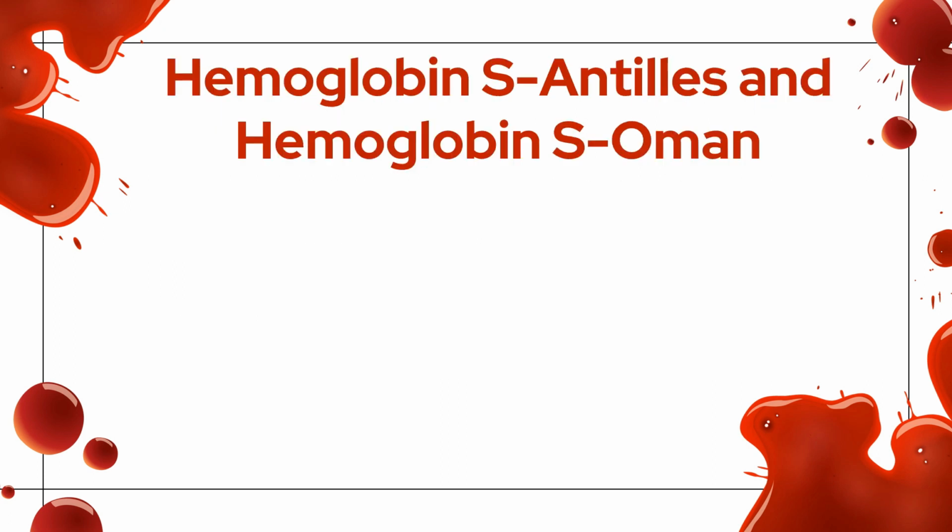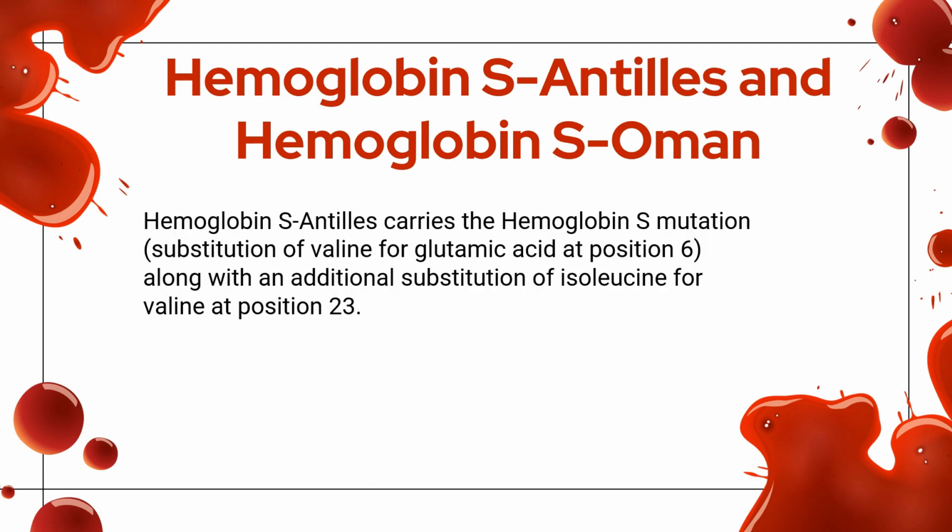Now, let's explore two other concomitant cis mutations, hemoglobin S-Antilles and hemoglobin S-Oman. Hemoglobin S-Antilles carries the hemoglobin S mutation, substitution of valine for glutamic acid at position 6, along with an additional substitution of isoleucine for valine at position 23.